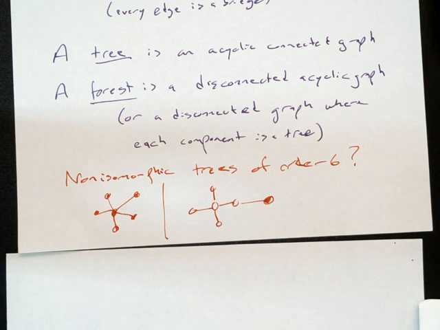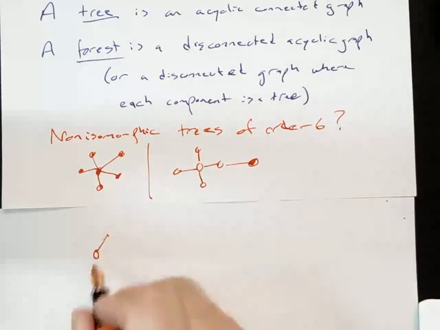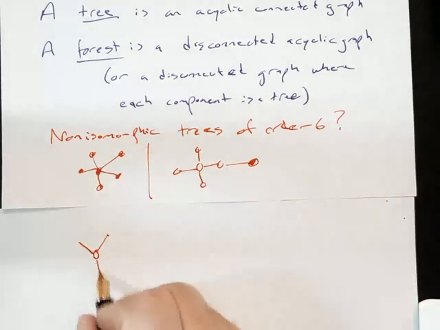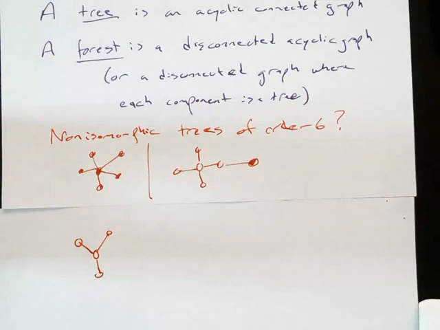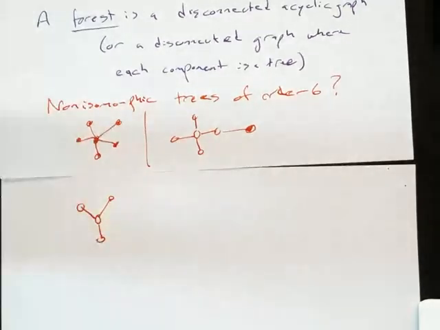What if my maximum degree is 3? Attach 2 in a row.